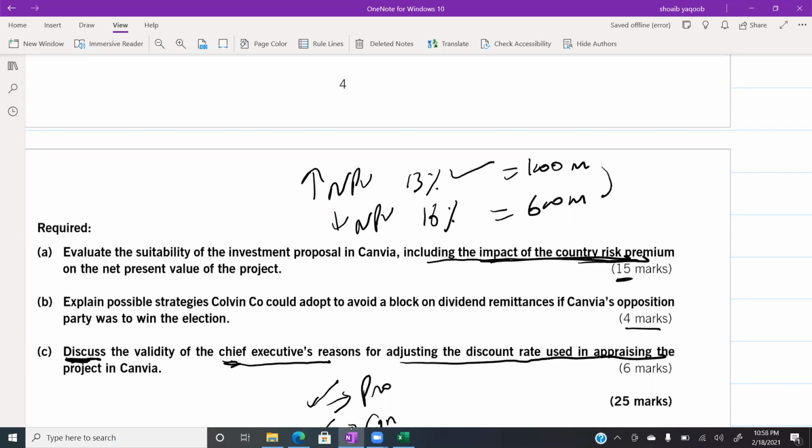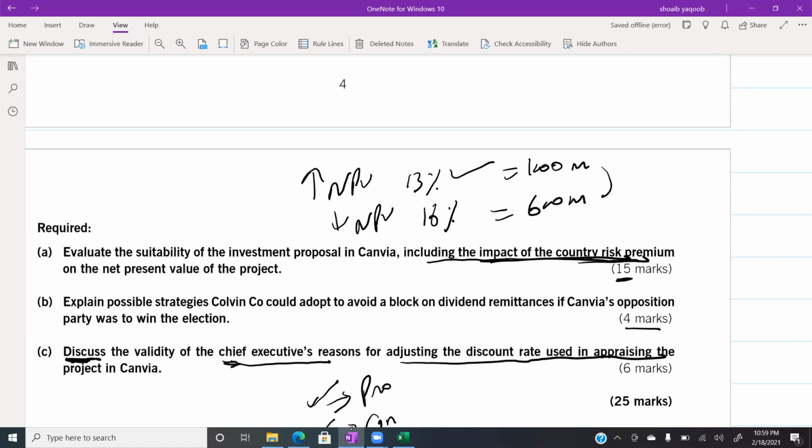Okay, in the B part, explain possible strategies Colvin company could adopt to avoid a block on dividend remittance if Canvia's opposition party was to win the election. Let's suppose the opposition party gets into power and they put a blockage on the remittance.